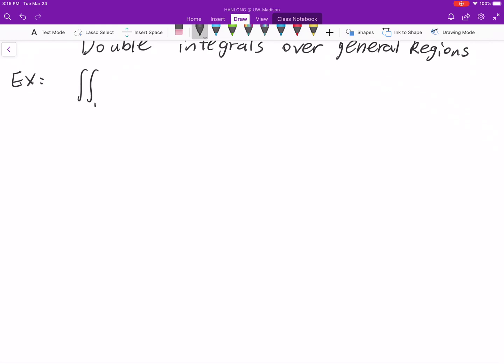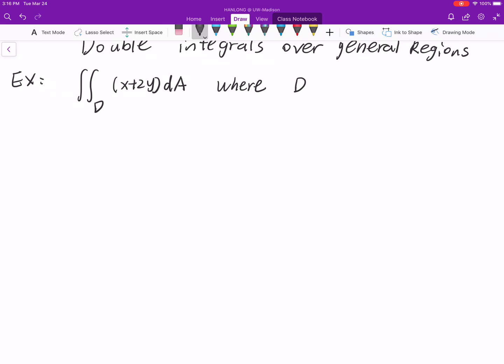We want to evaluate the following integral, the double integral over the domain D, where instead of giving D explicitly, here we describe D in a geometrical way.